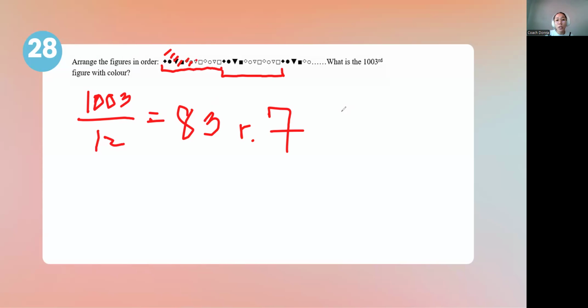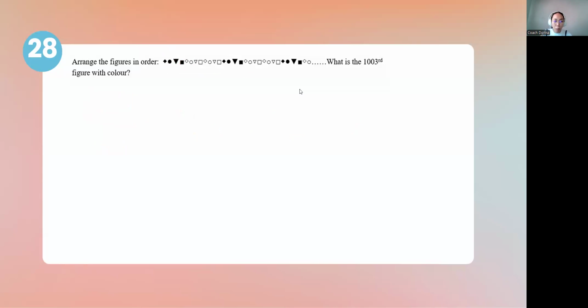So it's actually the white inverted triangle. All right, so that's it for number 28. If you have no questions, let's proceed to number 29. Please refrain from spamming the chat box so that I can still see the questions.